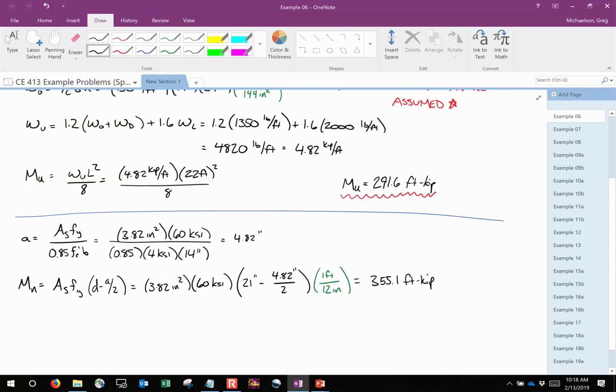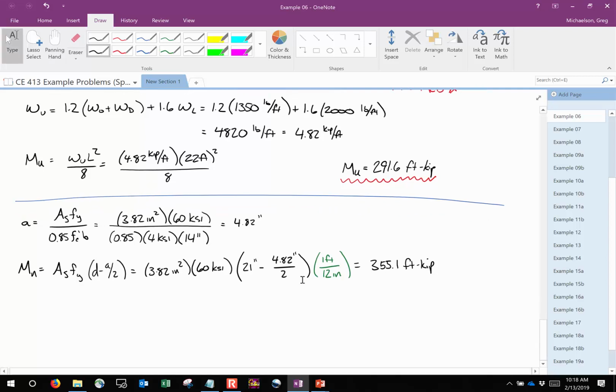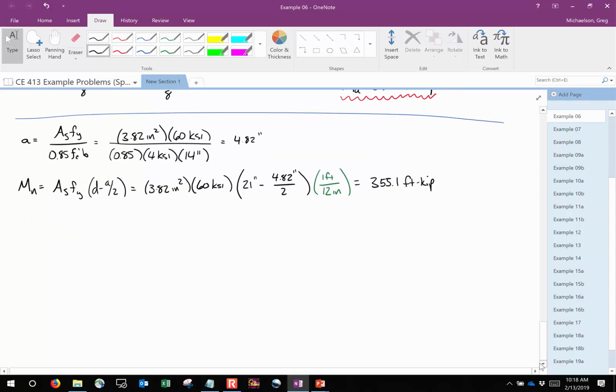If I want to compute phi, what's the first thing I need to compute right now? C. So let me scroll this down a bit. How do I compute C? A over beta 1. So that's 4.82 inches over 0.85.